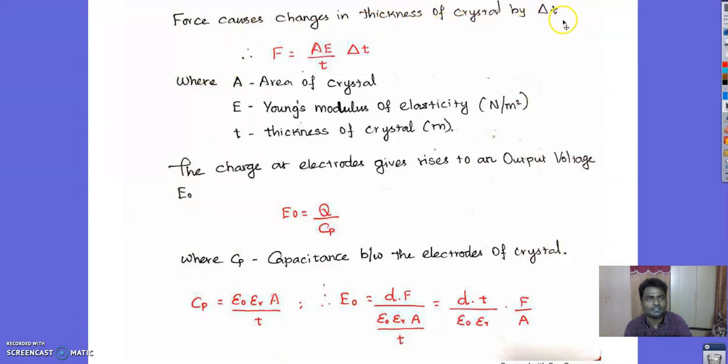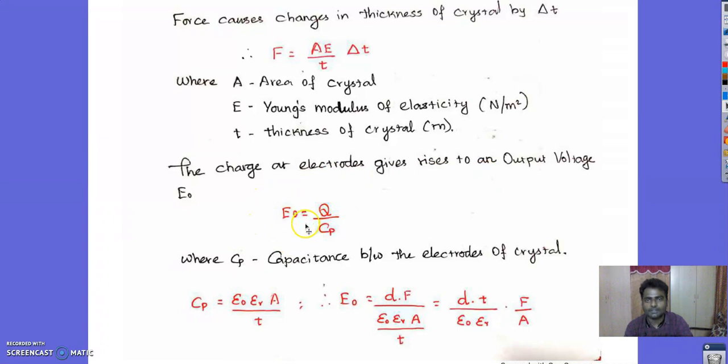That is, the change in thickness is denoted as del T. This T is nothing but thickness. So force is equal to A into E divided by T into del T. That is, A is nothing but the area of the crystal, E is Young's modulus, and T is the thickness of the crystal material. And the charge at the electrode gives rise to the output voltage.